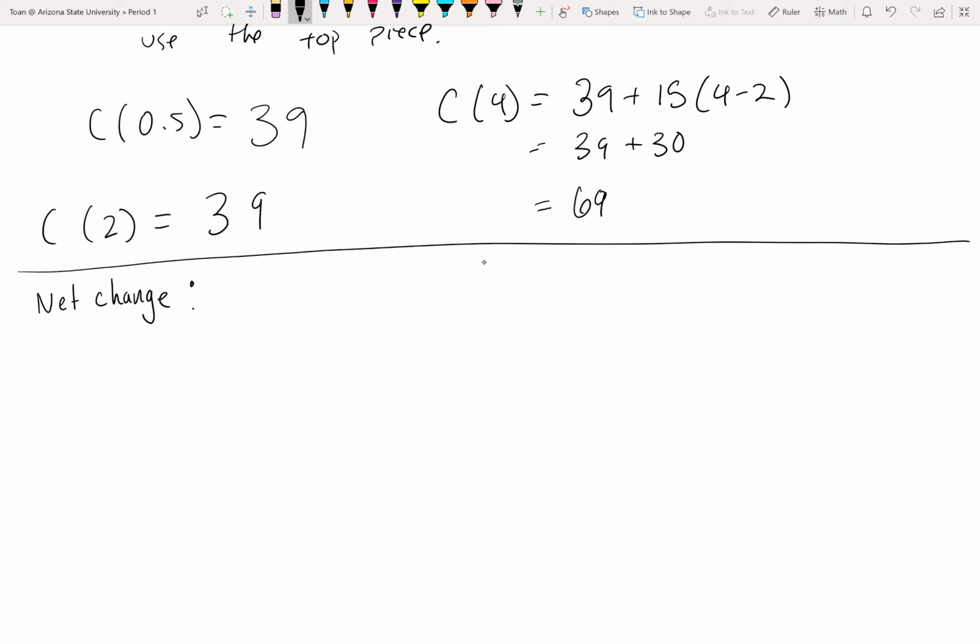So by definition, the net change of a function is the difference in y values, or outputs, between two inputs. And it's usually, not always, but it depends on your point of reference, going to be your final situation minus your initial situation.